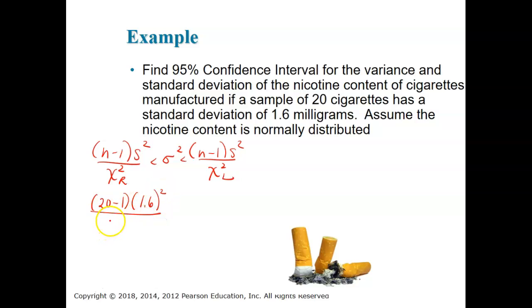Chi-squared right, we just got through saying was 32.852. We're always going to put the larger one on this left side. And then here we're going to have 20 minus 1, and we're going to have 1.6 squared. So our numerators are going to be the same. And then here we're going to have the 8.907.